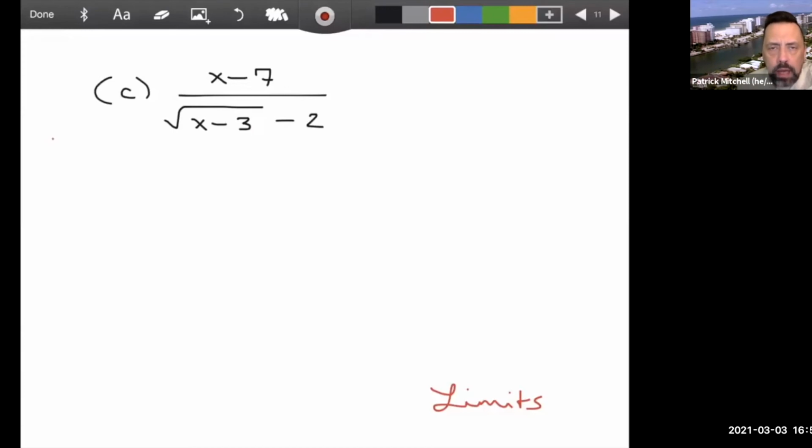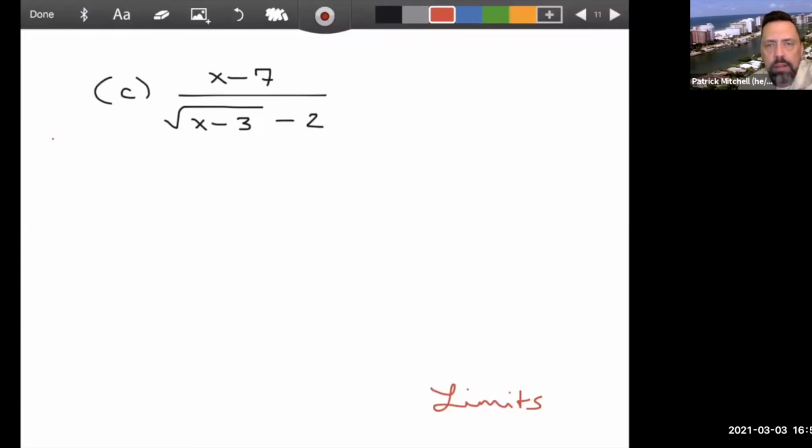And that's because if you look at the denominator, 7 minus 3 is 4. The square root of 4 is 2, and 2 minus 2 is 0, and you can't divide by 0. The question in calculus, though, is what does this expression do near the number, when x is close to 7, when x is like 6, 6.5, 6.9, 6.99, or 7.1, 7.01.